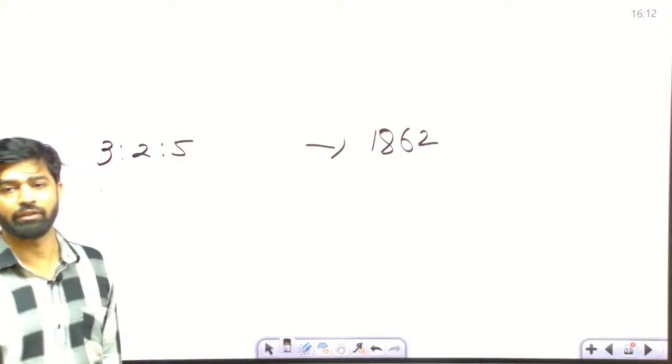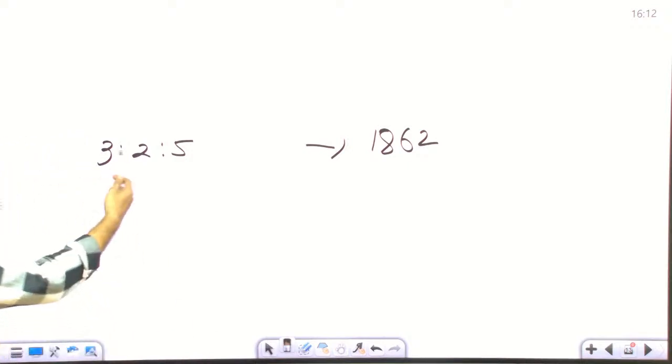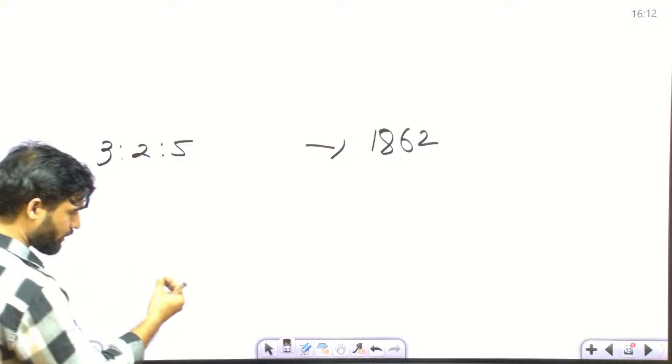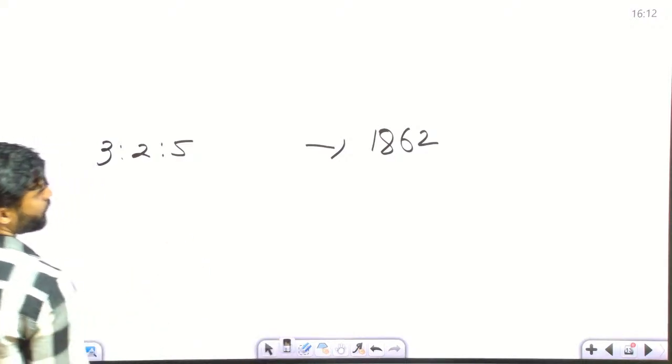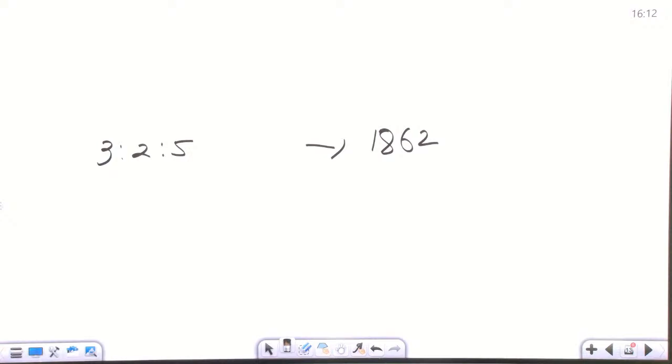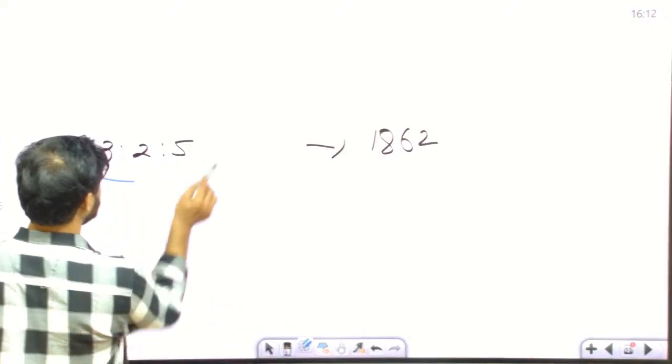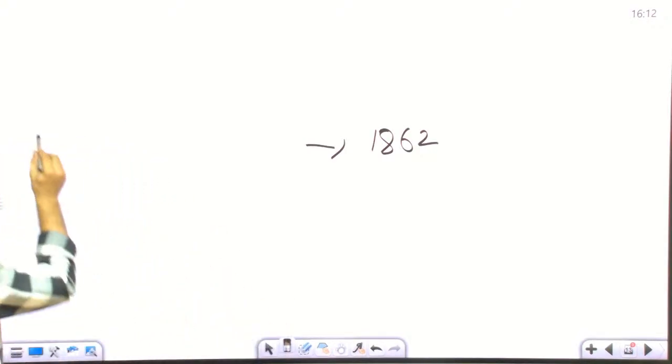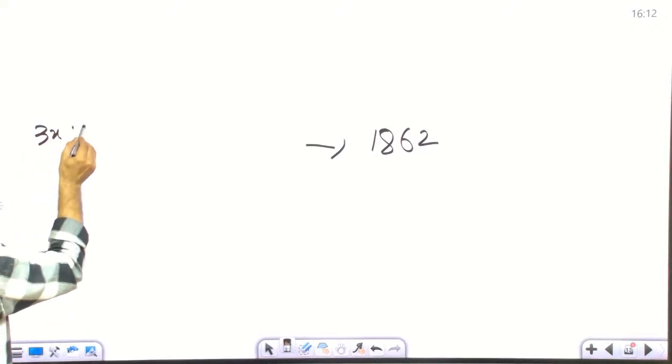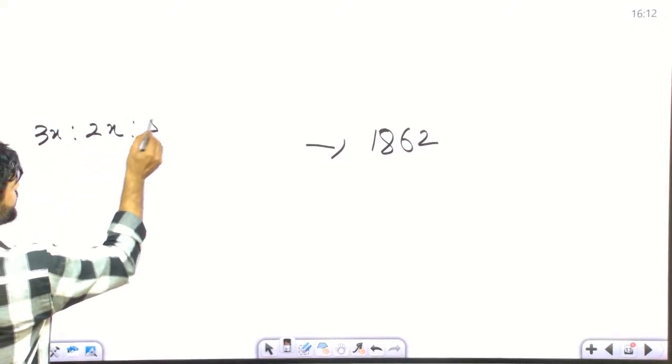1862 is the sum of the squares of these three numbers which are in proportion, and the proportion is 3 is to 2 is to 5. We know it very well. This is the case of squares, so we have to take x. The numbers are 3x, 2x and 5x.